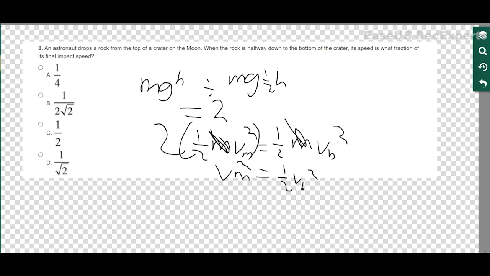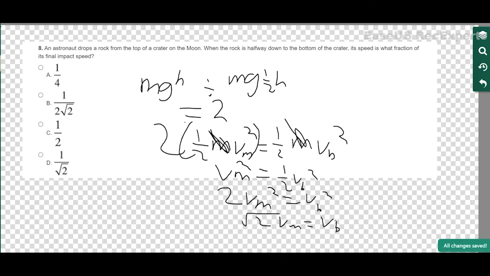And then we can move 1/2 to the other side to get 2 v middle squared is equal to v bottom squared. And then we can take the square root of both sides to get root 2 times v middle is going to be equal to v bottom.